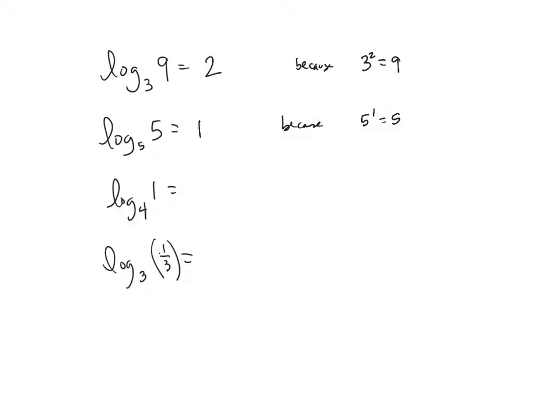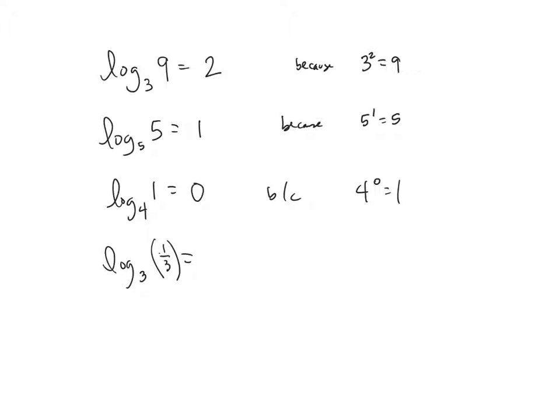Log base 4 of 1, that one requires a little more thought. But if you think about one of the exponent rules we had on the first page, anything to the 0 power is 1. Log base 4 of 1 is 0, because, I'm just going to use the shorthand for because now, 4 to the 0 is 1.